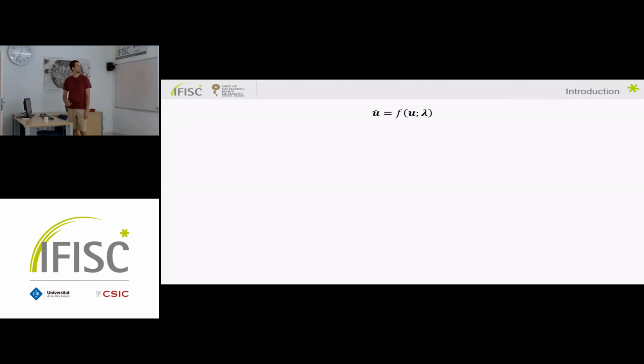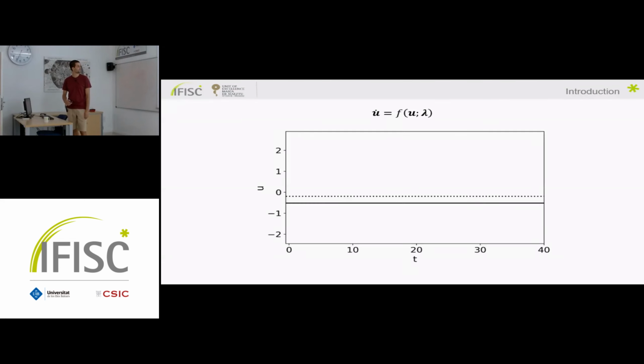So in an excitable system, we usually have a fixed point in the system. Here I'm plotting one of the variables as a function of time. And this fixed point is a point of the system that does not change in time. Here, there is this stable fixed point given by this black line there.